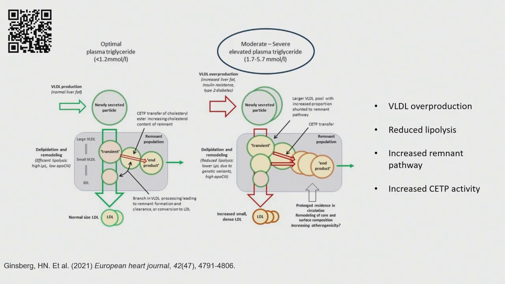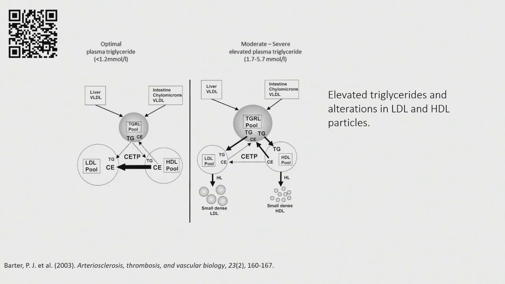And there is also an increase in the protein that transfers cholesterol esters and triglycerides among lipoprotein subclasses. So LDL particles are interchanging cholesterol and triglycerides with the very low density lipoprotein particles or remnant particles. So they are more dense and smaller. And also the HDL is more enriched in triglycerides.